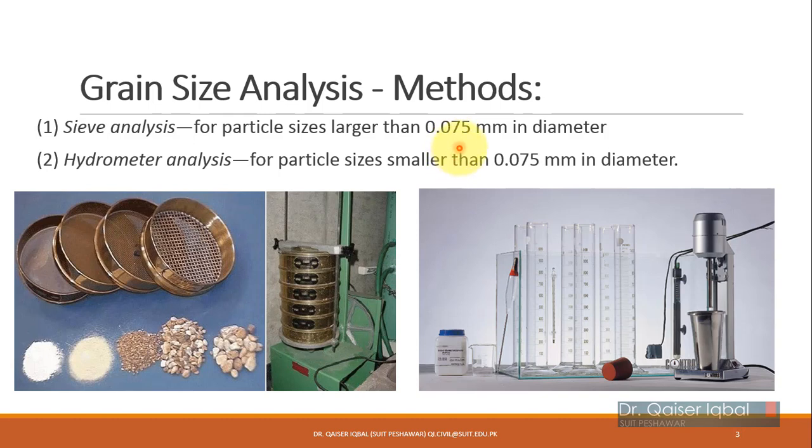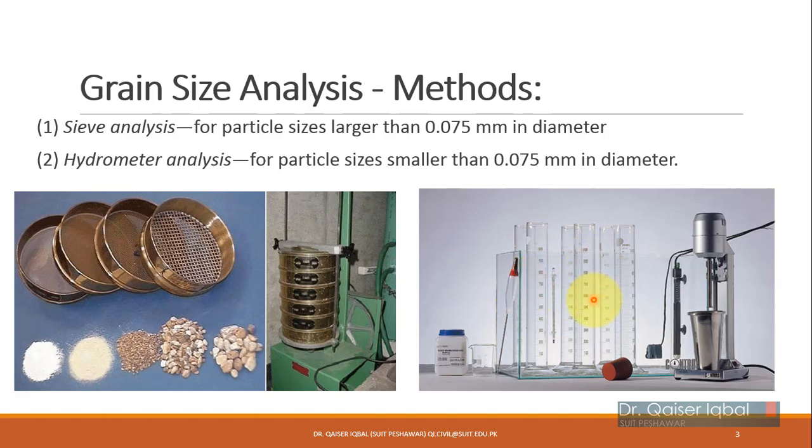We will discuss that in a while, but over here you can see the sieve analysis setup, and on the right you can see the hydrometer analysis setup, in which we disperse the soil in a water solution and then dip this hydrometer in the solution.